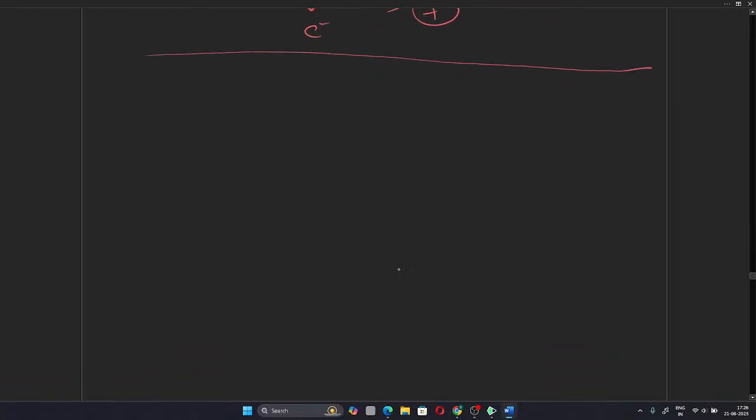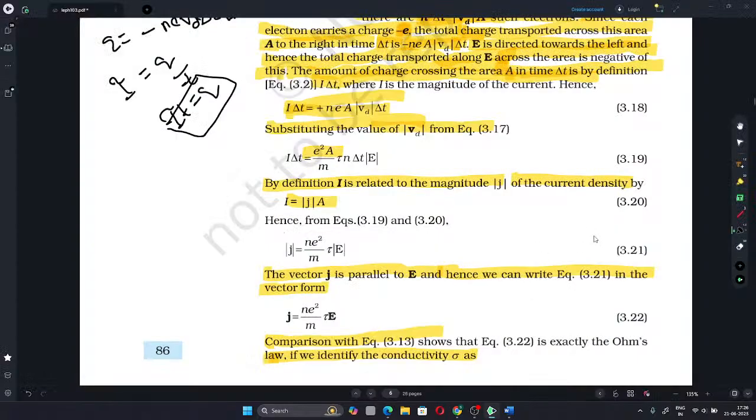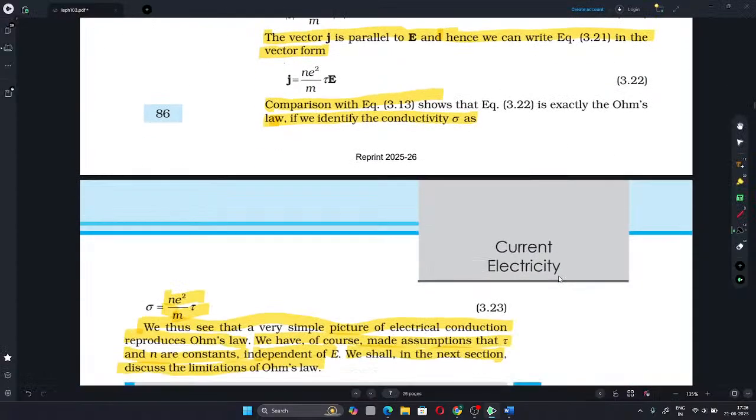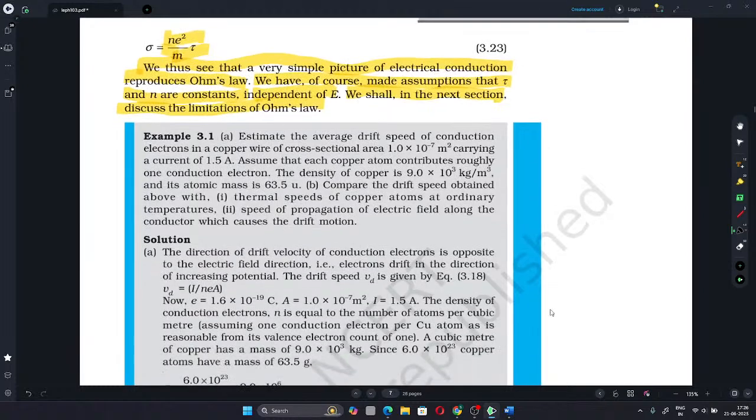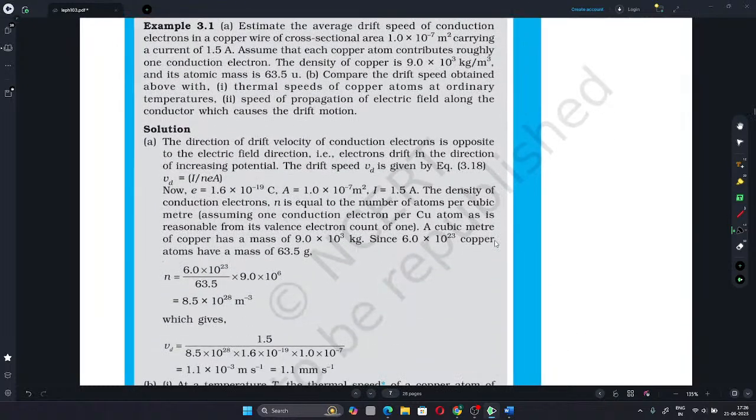As for the next topic, an example. Estimate the average drift speed of conduction electrons in a copper wire of cross-sectional area 1.0 times 10 power minus 7 meter square carrying a current of 1.5 ampere.